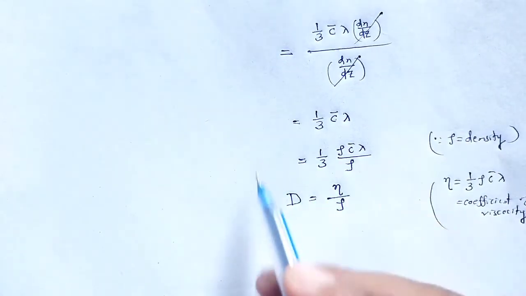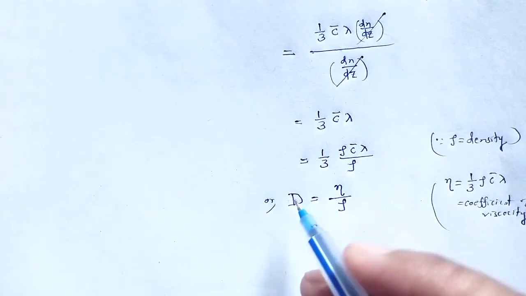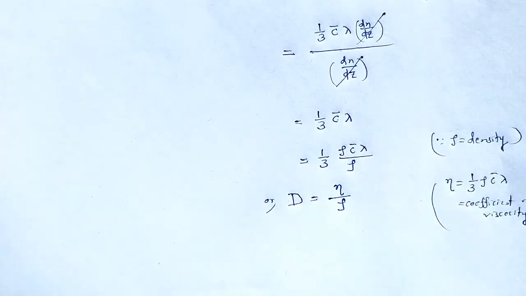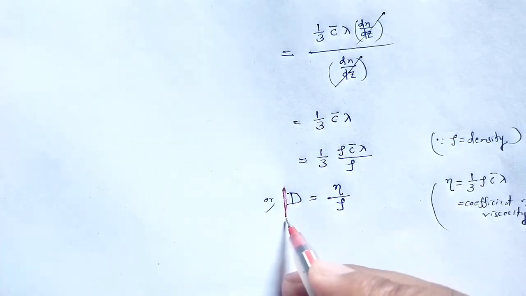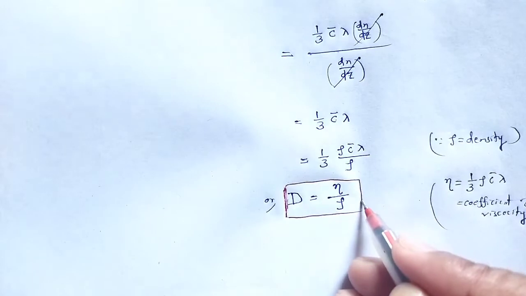D is equal to eta by rho. The coefficient of diffusion D is equal to the ratio of coefficient of viscosity to density.